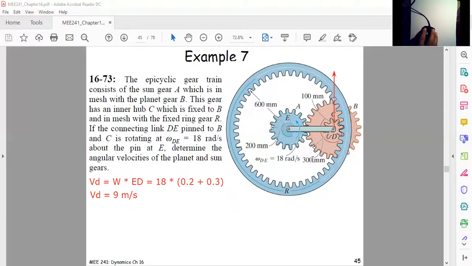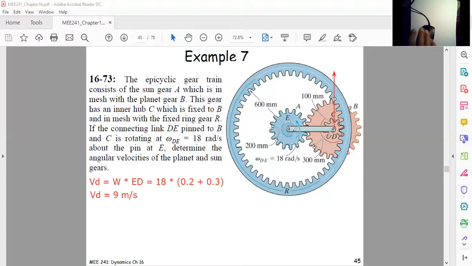Exactly. What is the other point that we have to choose? Do we know the velocities of any other point on the planet? We should choose a fixed one to be 0. Exactly. It doesn't have to be a fixed one. If you know its velocity, then it's fine.